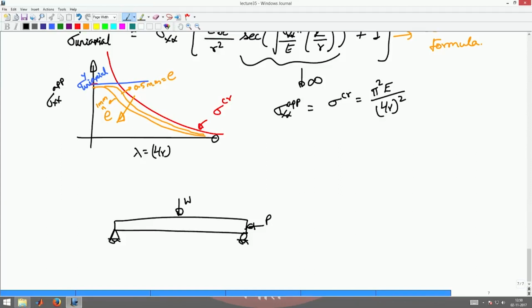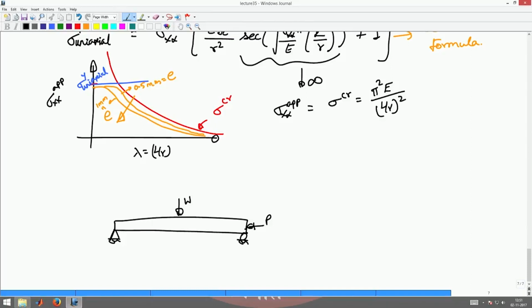Then also you can redo the analysis, get the critical load for this beam to be the same as pi square E by lambda square, and you can show that all that what we did now also holds. I will not be doing that in this course.